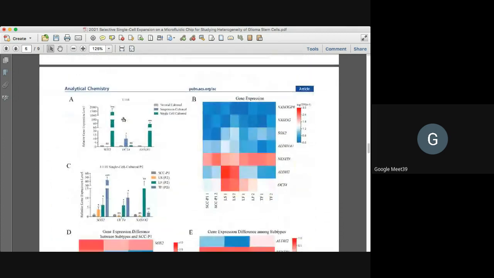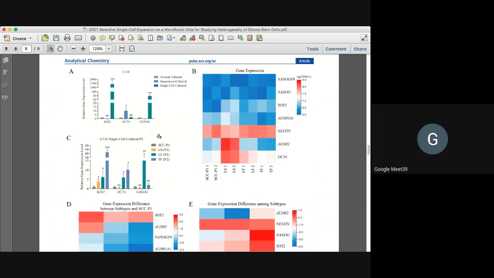Also, they have this question: is it because of the alginate that the cells express genes related to the stem cell or not? Are they affected by the alginate? So they perform the RT-PCR, and then they discovered that the alginate has not an effect on the gene expression.